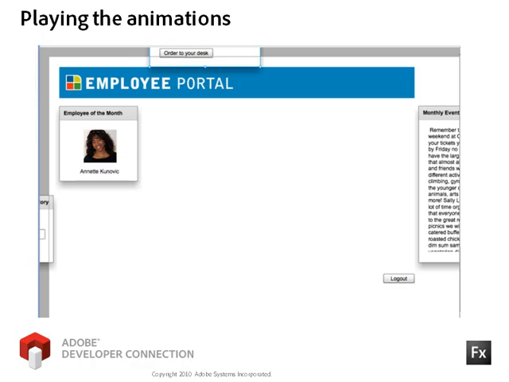I want each of the other 3 panel instances to move in from a different direction. Unfortunately, they do not exist in the transition's beginning state, so I cannot explicitly position them in that state and then have Flex move them to the new location. Instead, I'm going to explicitly define a start position for each one of them in their own move effect instance. This figure shows the relative start positions of the search, cafeteria special, and monthly event instances.